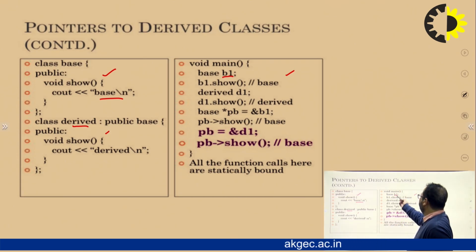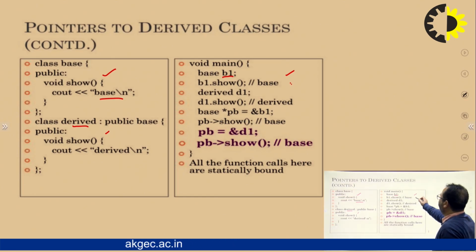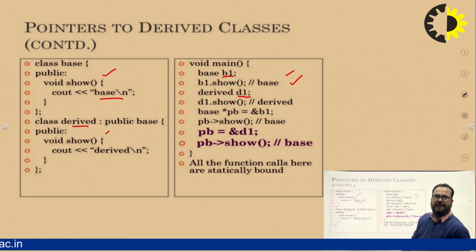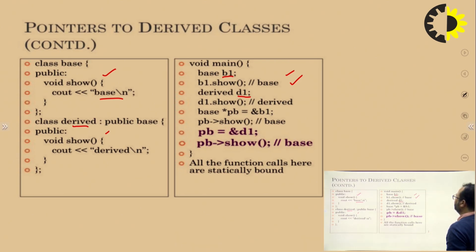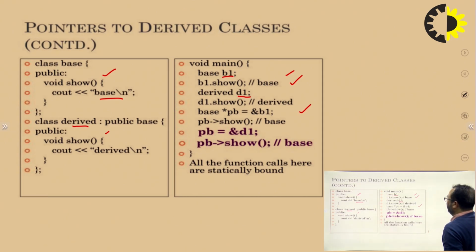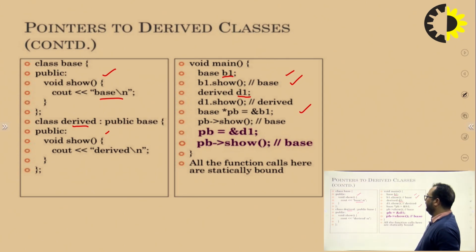By using the base class object, we can invoke the function which is in the base class, so the output will be base. Similarly, we could access the object of the derived class, D1. By D1.show we could access the function which is in the derived class, and so the output will come as derived.